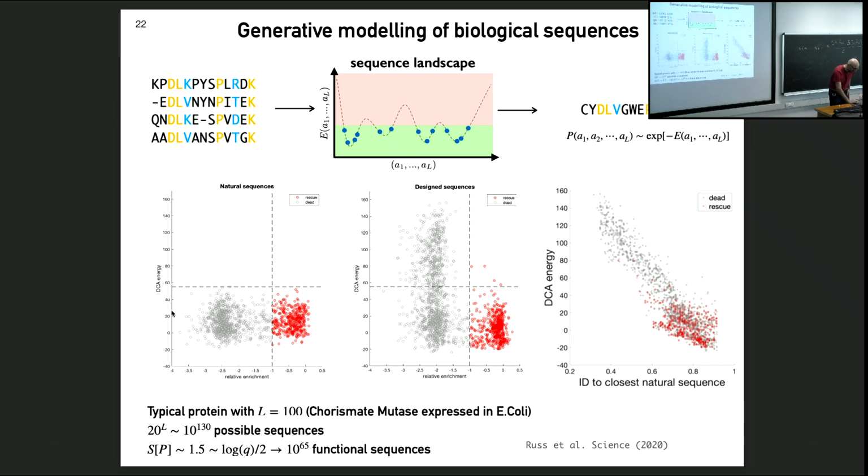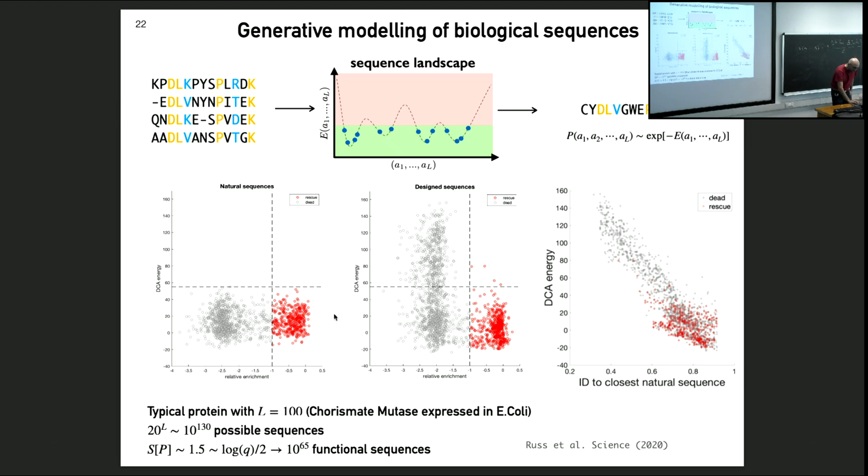The y-axis is the energy that the model gives to these sequences. Now, the model is trained on these sequences. Because you train the model by maximizing the likelihood, so minimizing the energy of the natural sequences, as you expect, all the natural sequences have low energy, okay? So here you have low energy, and 30% of the sequences work.